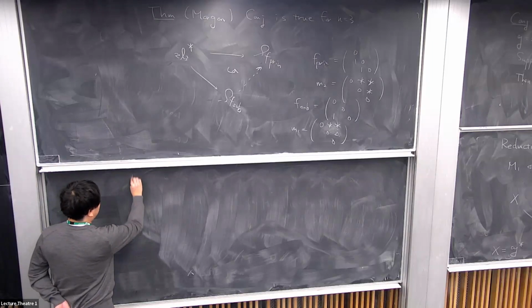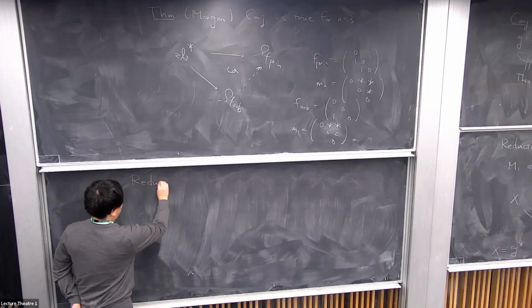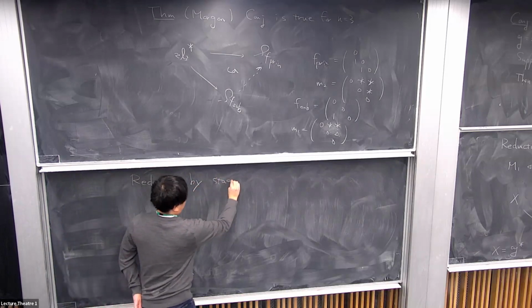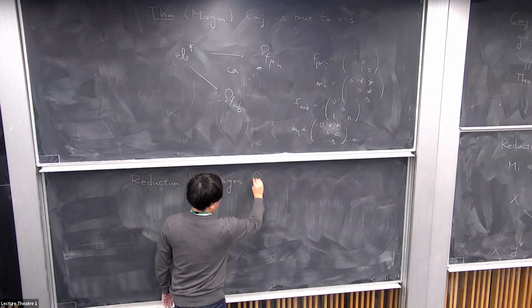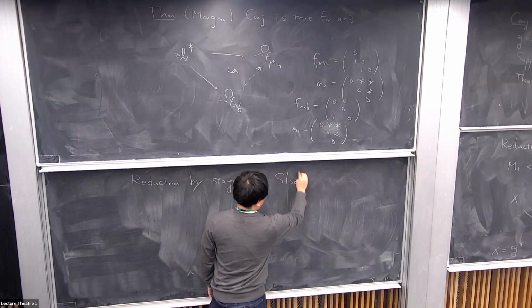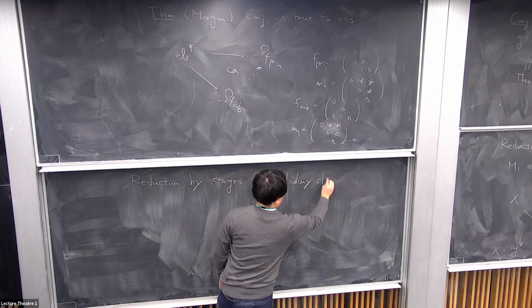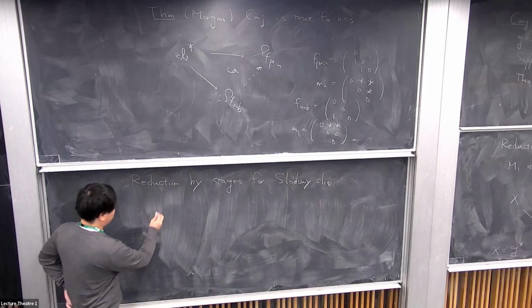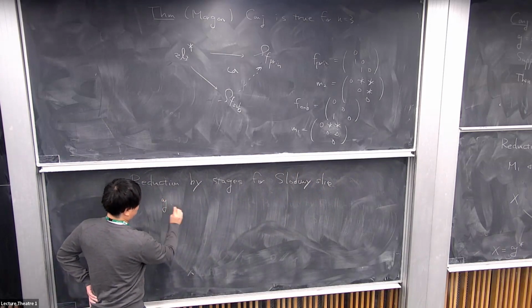So we want to start with reduction by stages for the Slodowy slice. We recall the setting. G is simple.